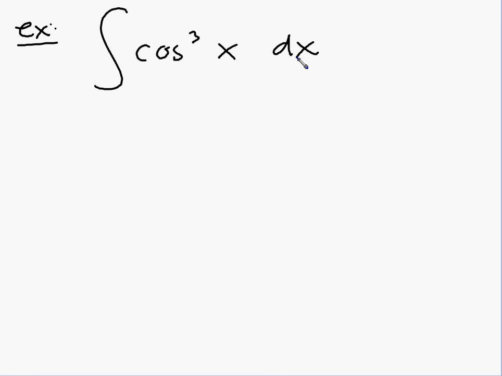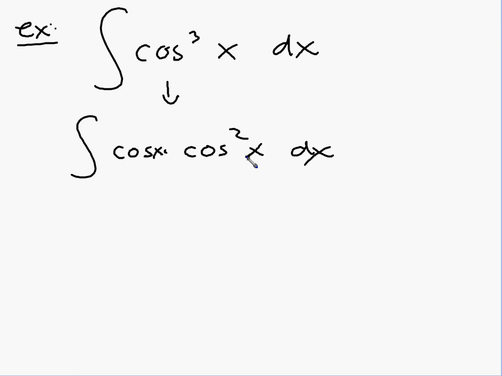Okay, this one's a little bit strange because we don't know any identities for cosine cubed. But if I rewrite this as the integral of cosine times cosine squared, and of course these both have an x in them, dx.